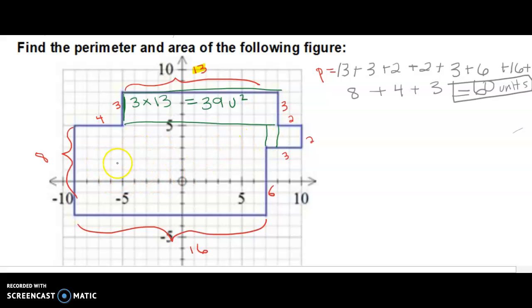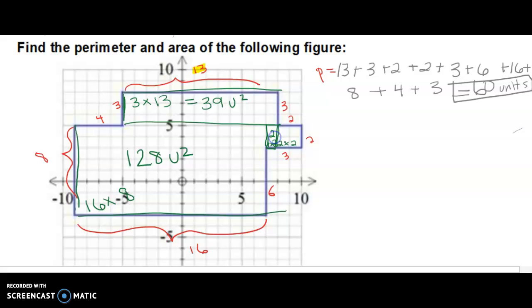Let's do the big one on the bottom. This is what? 16 times 8. So here's your 8, and here's your 16, which is 128. So 128 units squared. This rectangle here, so here's 2 by 2, and this is a 1 by 2.